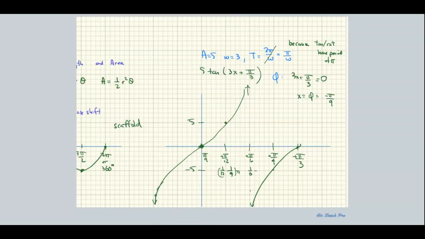This is 1/6 minus 1/9 pi. This is 1/4 minus 1/9 pi. I know it's much nicer. This is 1/3 minus 1/9 pi. That's the actual things. And so that's not actually a y-axis. This is an x equals negative pi over 9 axis. But it gives you the idea on how this works right there.